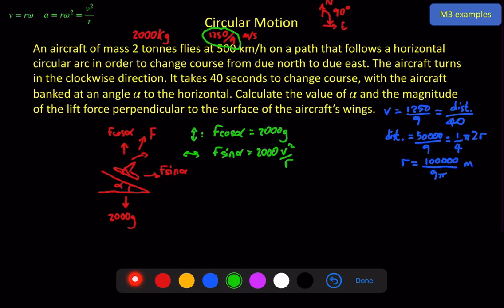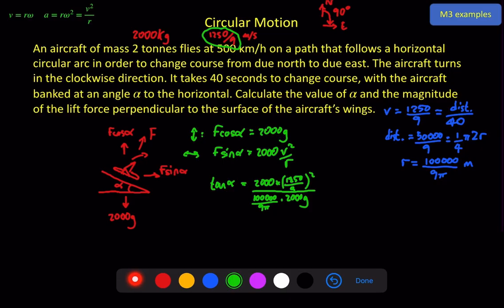As we've done on a couple of the others, divide the second equation by the first equation, gives tan alpha is equal to 2000 times v squared, which is 1250 over 9 squared, all divided by r, which is 100,000 over 9 pi. We're also dividing by the 2000 g from the first equation.